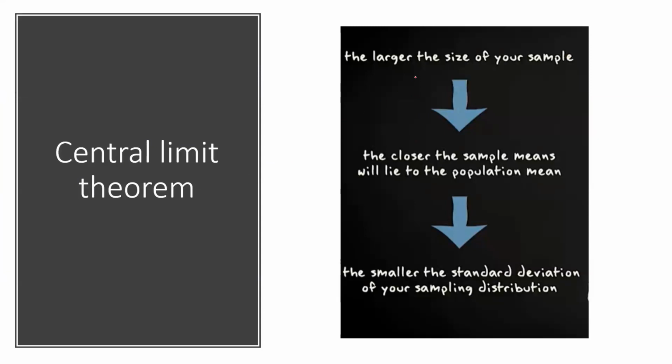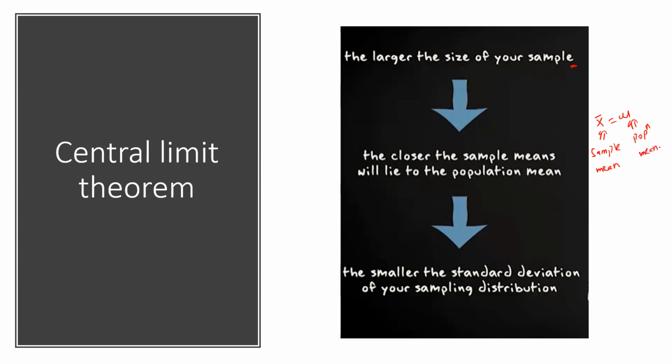In the central limit theorem, the larger the size of your sample, the closer the sample mean is to the population mean, which means x bar is approximately equal to mu. This x bar is my sample mean and mu is my population mean.